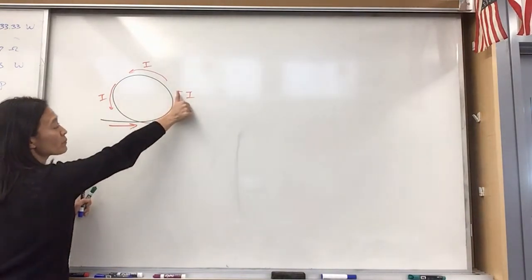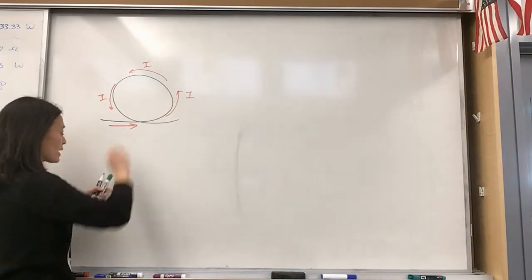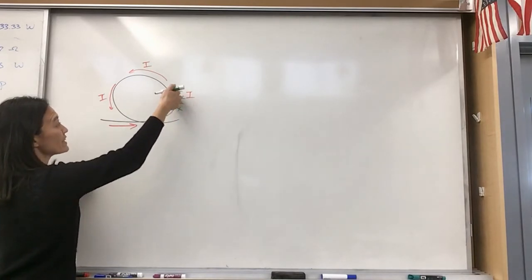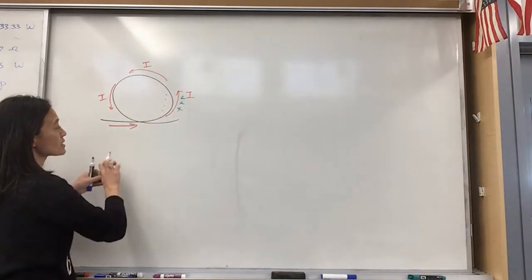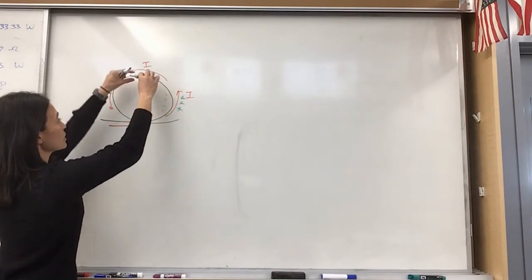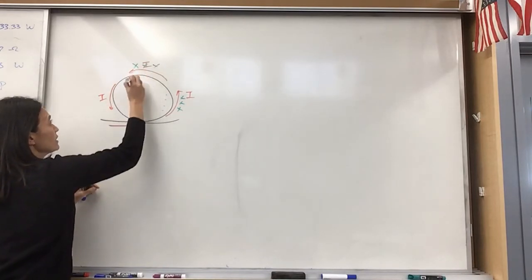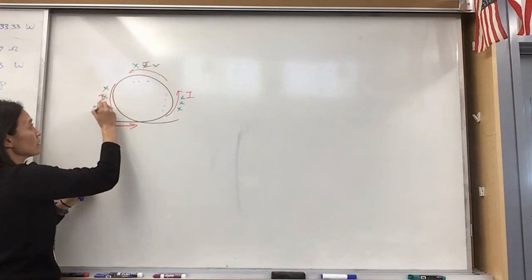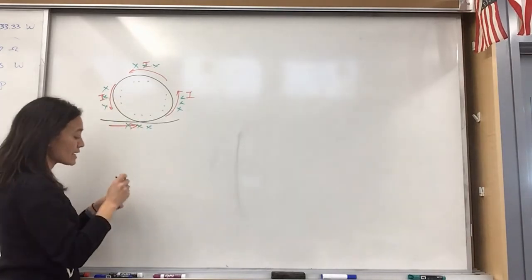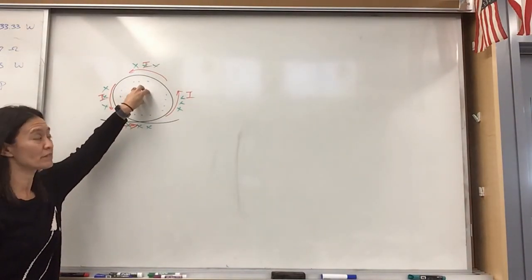If I point my thumb in this direction, I see that to the right of the wire, it's going into the page, so I'd have these X's here, and then on the inside of my loop, I'd have these dots because it's coming out inside the loop. You can see here, it's going into the top and coming out. So I have X's here, and dots here, and X's here, and dots here. And what that does is it produces a really strong magnetic field inside of your loop.